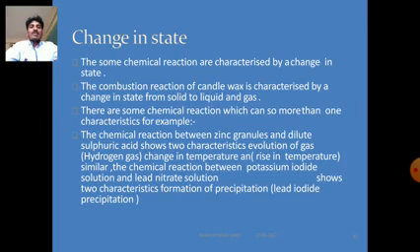For example, the chemical reaction between zinc granules and dilute sulfuric acid shows two characteristics: evolution of hydrogen gas, and a change in temperature, a rise in temperature. Similarly, the chemical reaction between potassium iodide solution and lead nitrate solution shows two characteristics, including the formation of a precipitate.